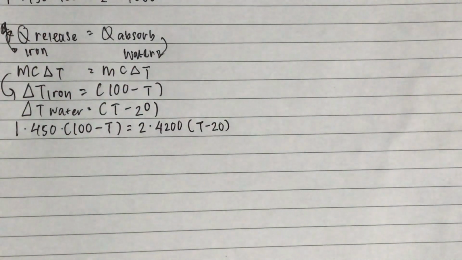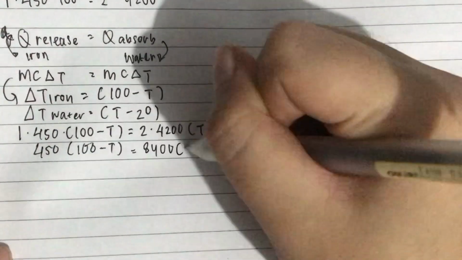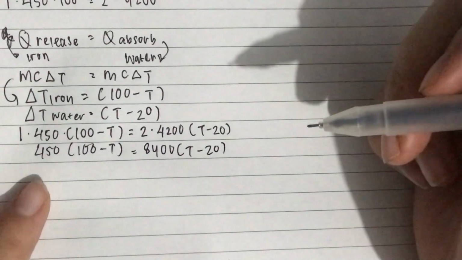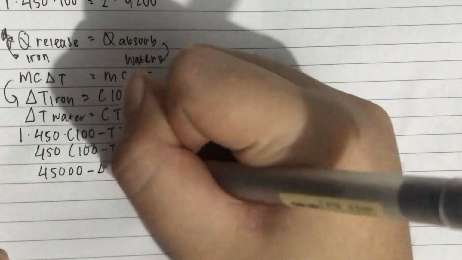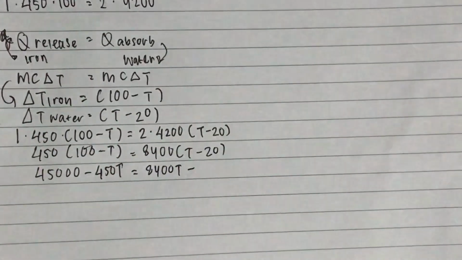And we can just multiply it. Multiplied by 100 equals to minus 450 T equals to 8,400 T minus, oh my god, this is kind of confusing.